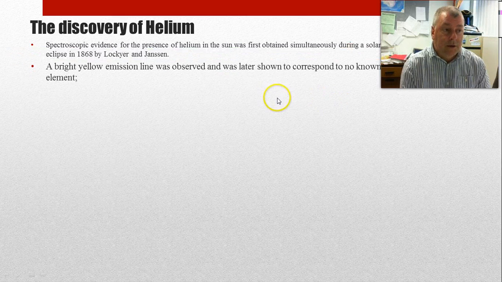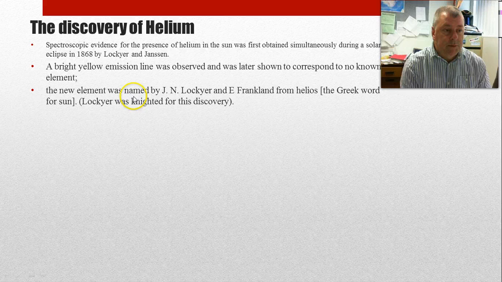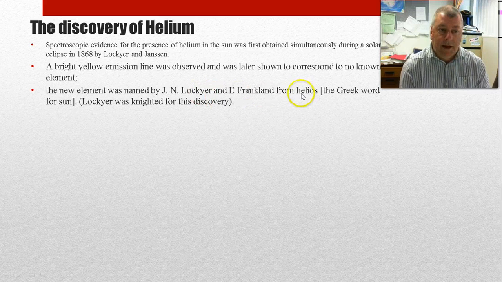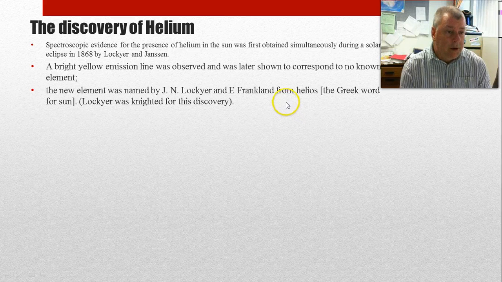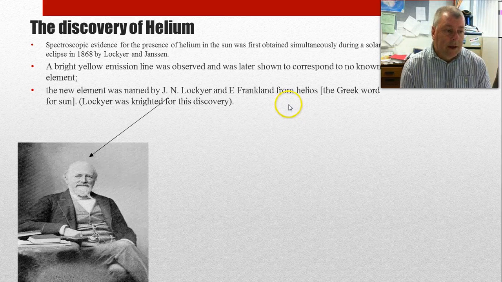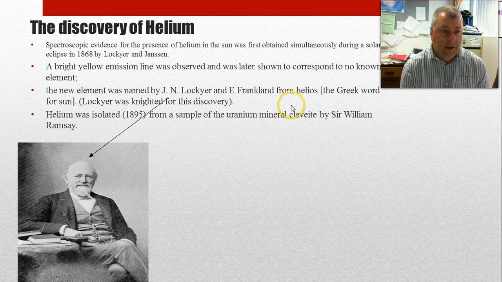And the element was named, and Lockyer and Franklin, who was working with Lockyer, named it Helios, from the Greek word for the sun, and Lockyer got knighted for it. Franklin didn't. I don't know why. Might be interesting to find out why. And that's Lockyer again.